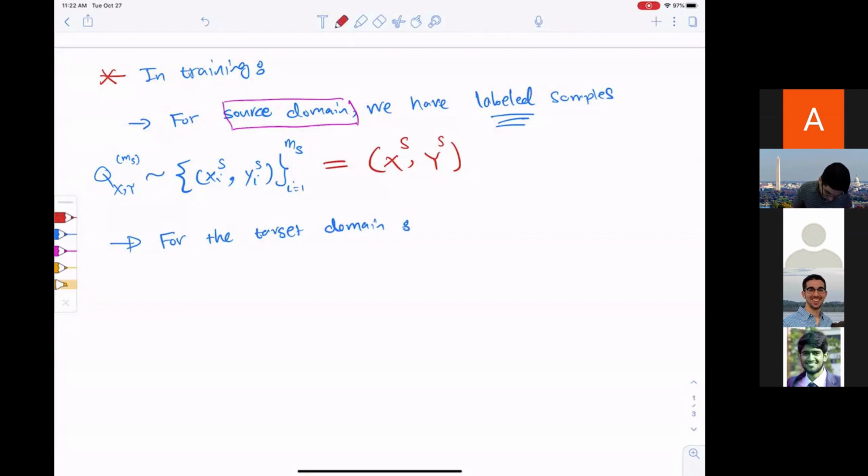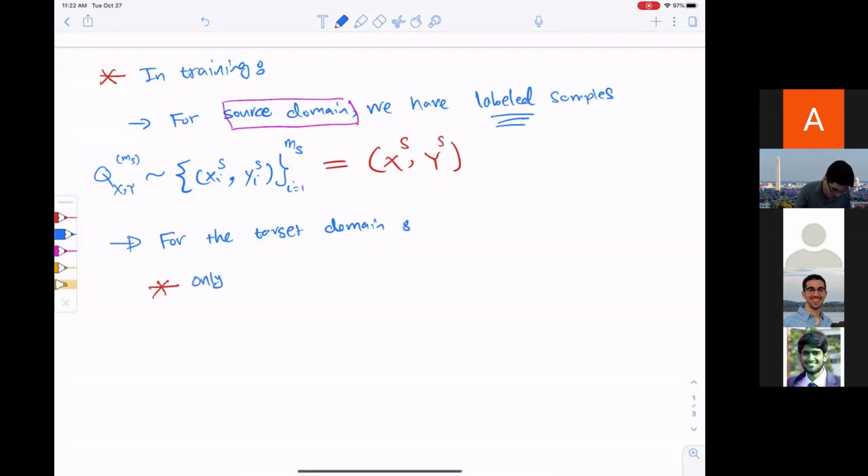Situation one is that we have only unlabeled samples from the target domain. That's maybe the case in many applications because labeling is expensive. So we have unlabeled samples from the target domain during training, but I don't have their labels.